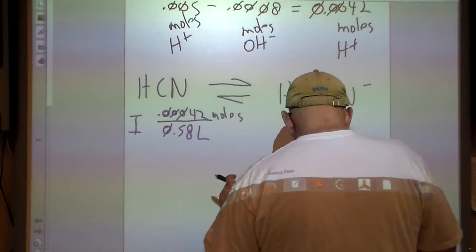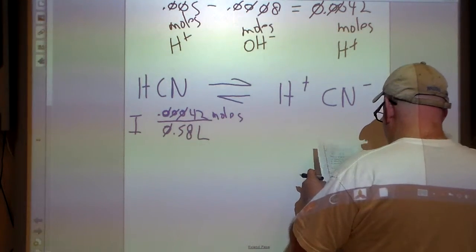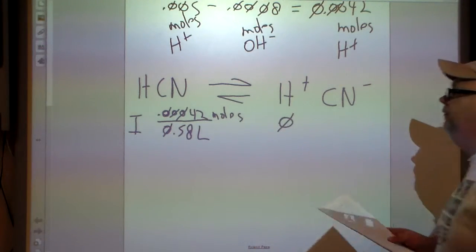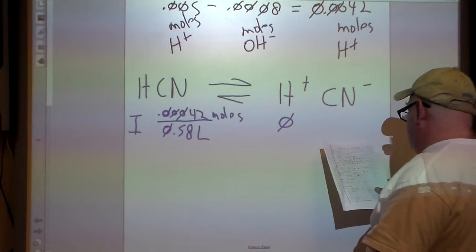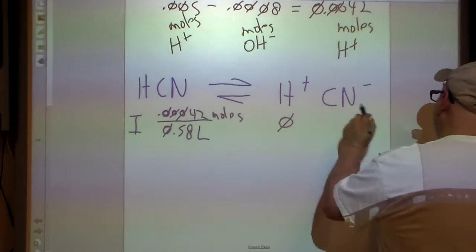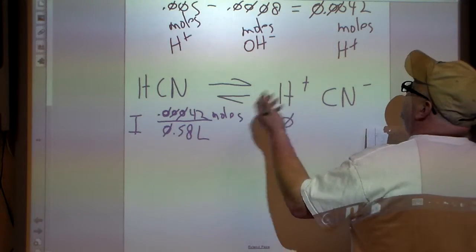Okay? Now, what else do we have here? Well, for H plus, it's 0. For the sake of argument, there's nothing, it's really tiny. But on the other hand, we have to look at the CN minus because it also has a leftover.